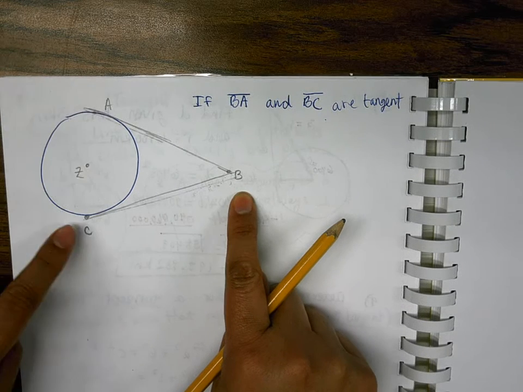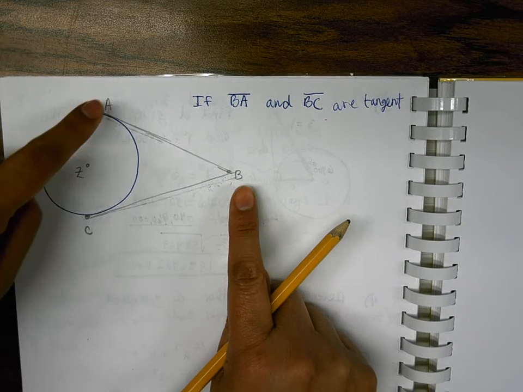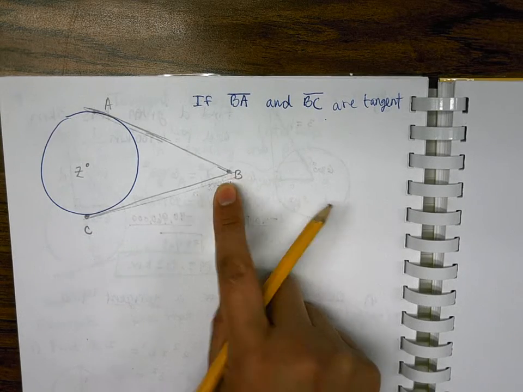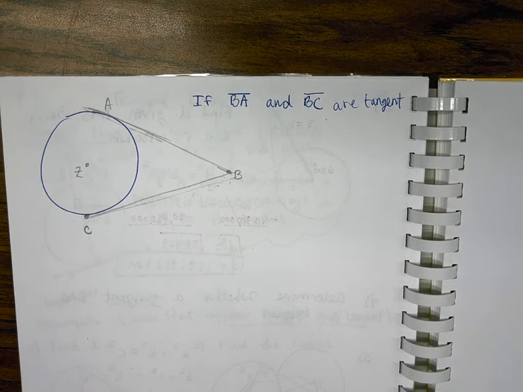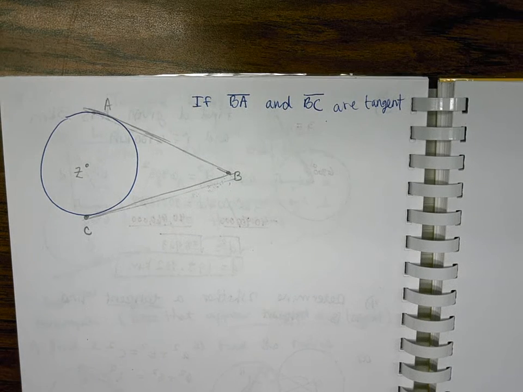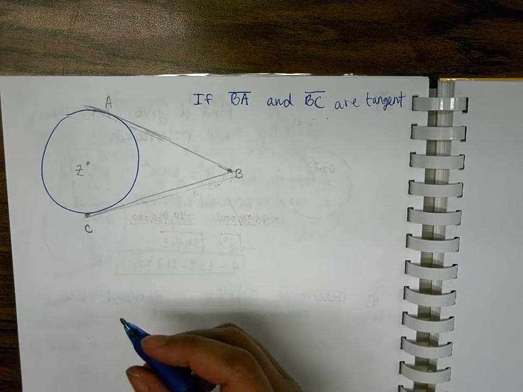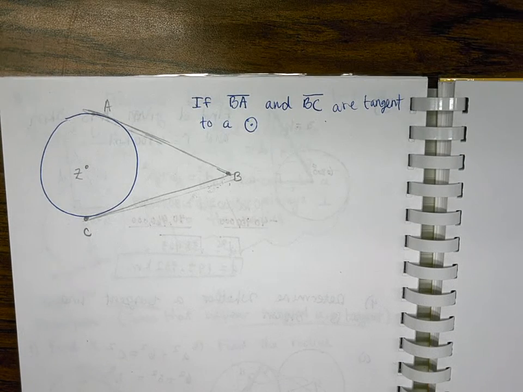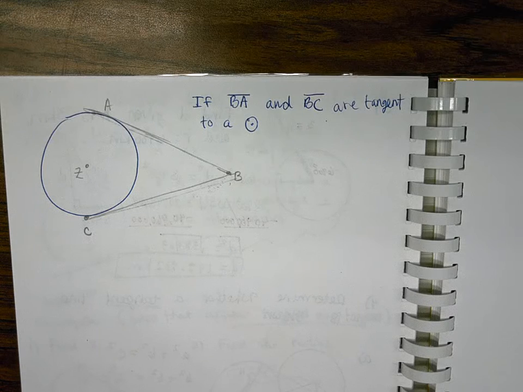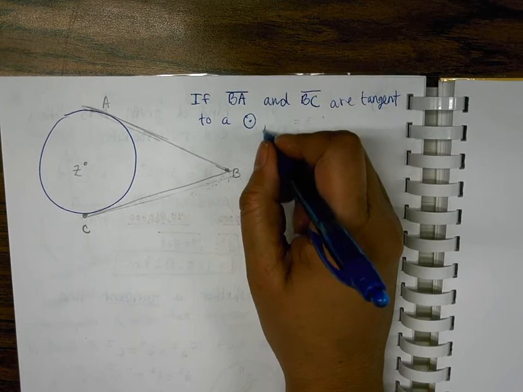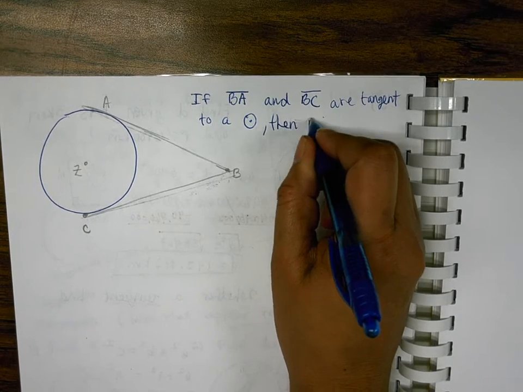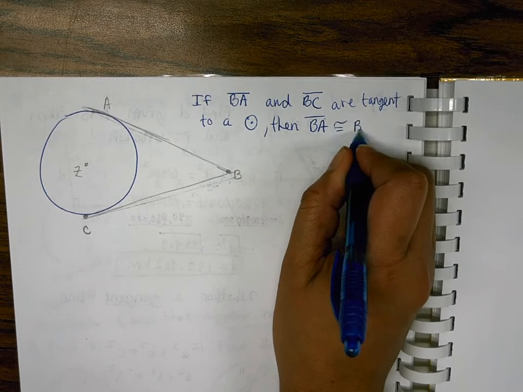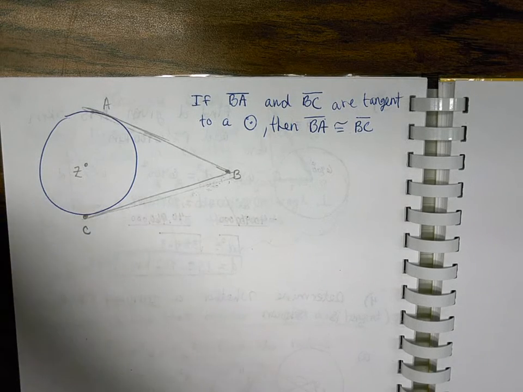If BA and BC are tangent, so if you have two tangent lines on a circle and they intersect at the same point, like this point right here, if BA and BC are tangent to a circle, remember that's shorthand for circle, then BA will be congruent to BC.